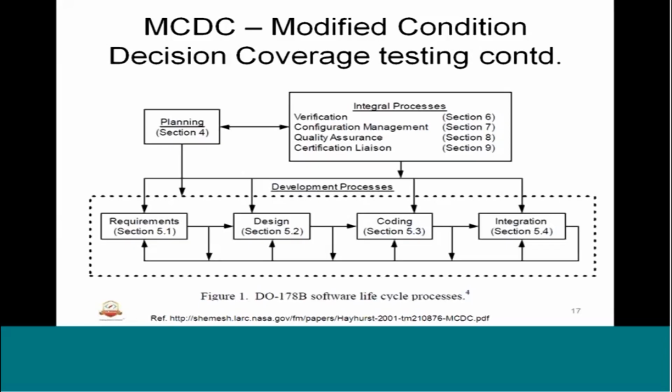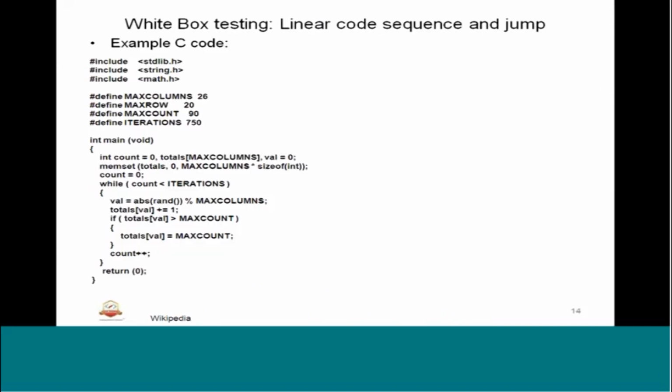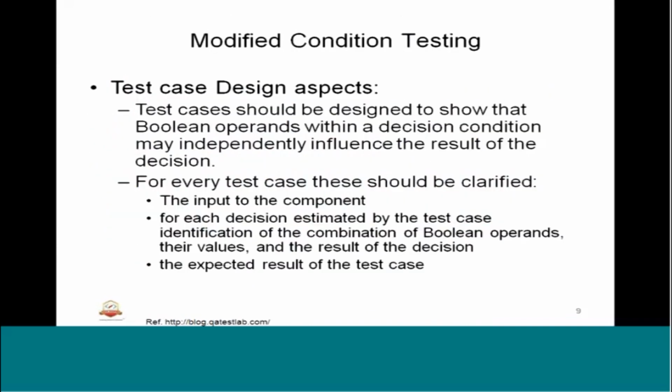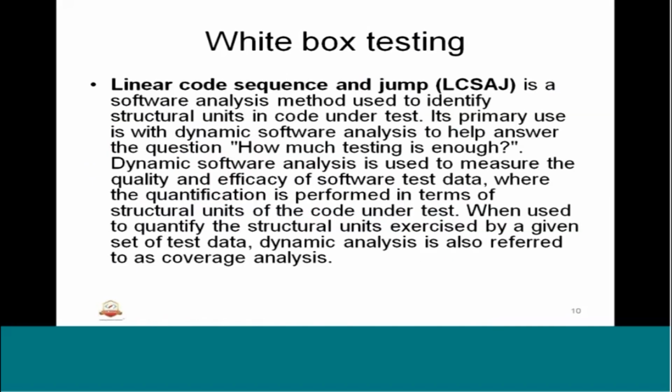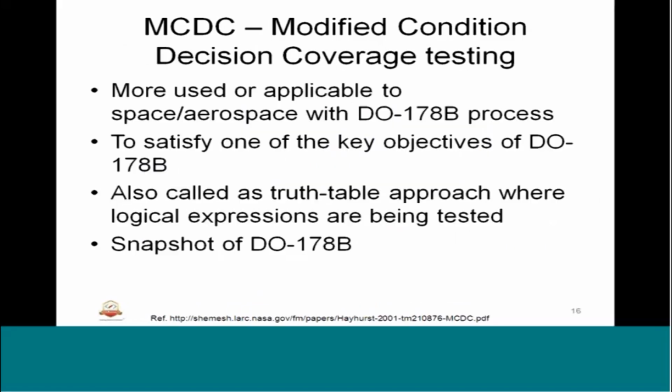It is the same as modified condition testing with the combinations, but with the stringent process they follow. The independence requirement ensures that the effect of each condition is tested relative to other conditions.